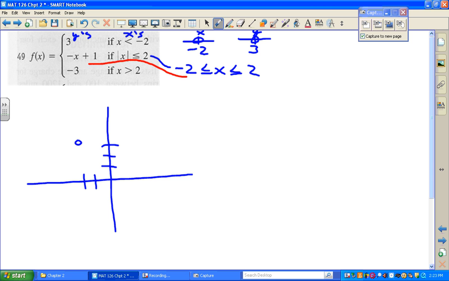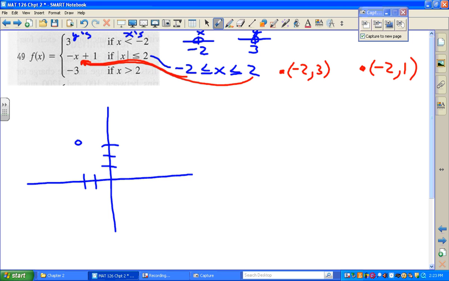You put -2 in the equation, what do you get? 3. So there's a closed circle at -2, 3. And if you put 2 in, what do you get? -1. So there's another closed circle at 2, -1.